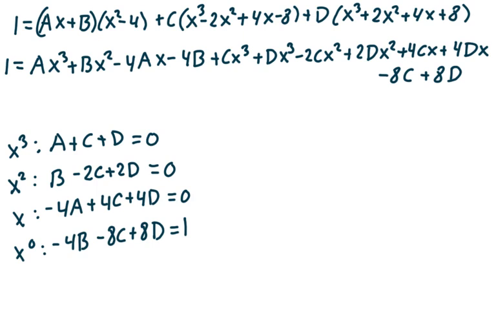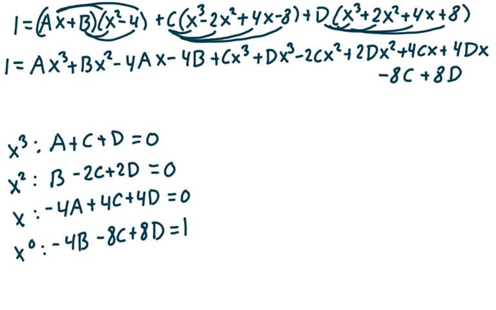So I'm just going to distribute the c into every term within the parentheses. Same thing with the d. And then I'm going to FOIL this out. And when I do, I get 1 equals ax cubed plus bx squared minus 4ax minus 4b, for the first part.